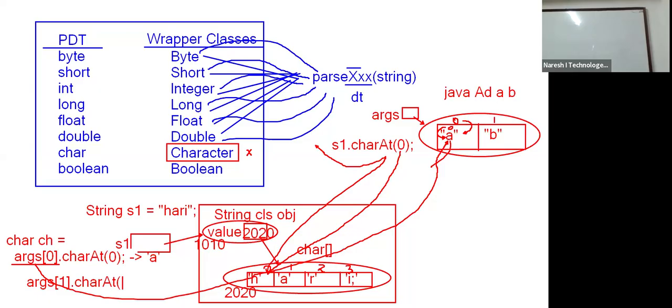String. If I use only args of 1, the B is coming out as a string. If I use args of 0 dot charAt of 0, character. If I use args of 1 dot charAt of 0, character. Understand the difference? Simple point.